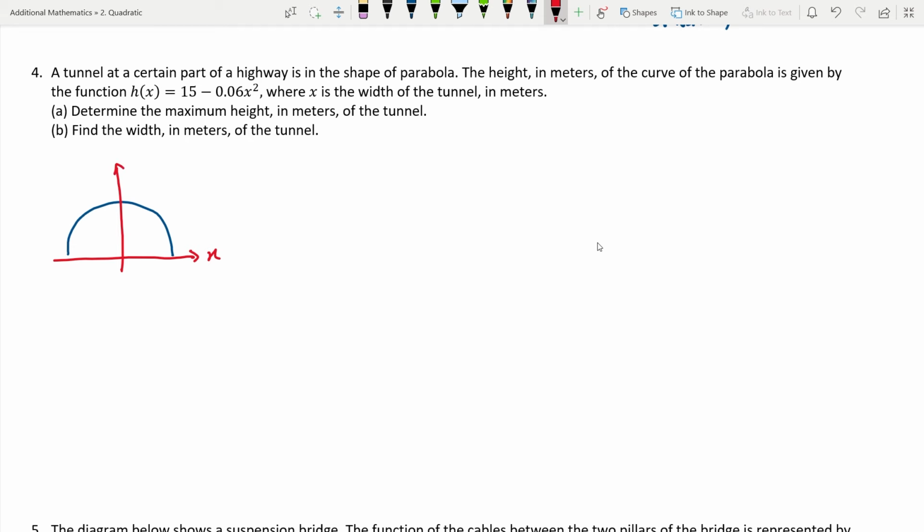In this case, it will be function h of x. Function h of x is equal to 15 minus 0.06 x squared. A. Determine the maximum height in meters of the tunnel. Maximum height of the tunnel occurs at the axis of symmetry, which is this part.